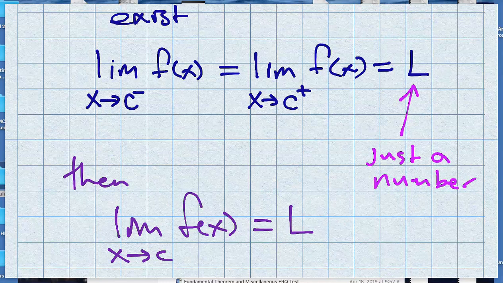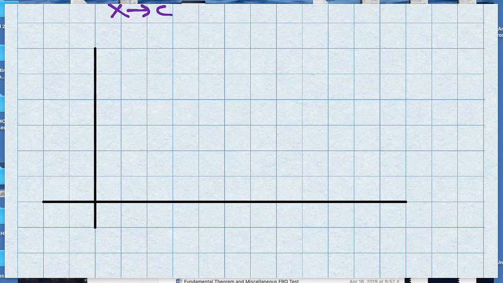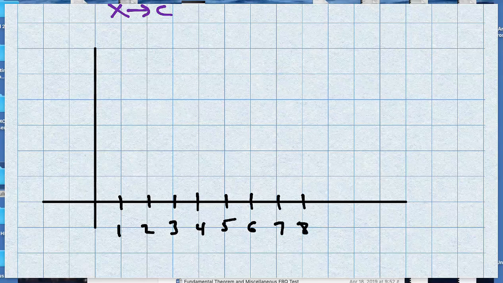So when you think about it, I'm just going to draw a quick graph and do my best to make an example up. This may be an easy example, but you'll get the idea behind it. If we label these as 1, 2, 3, 4, 5, 6, 7, 8, we'll just go out to 8.